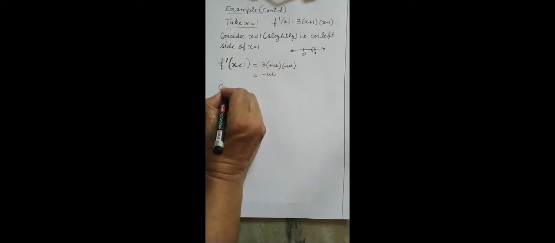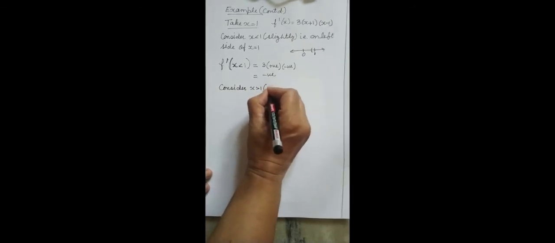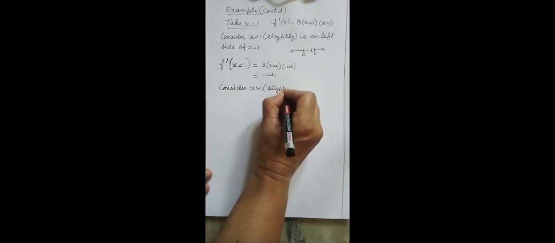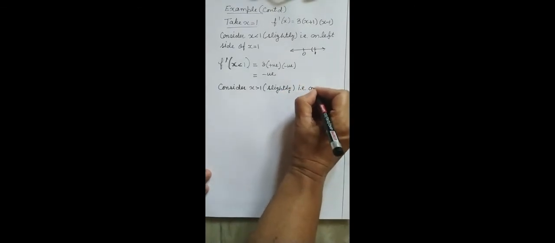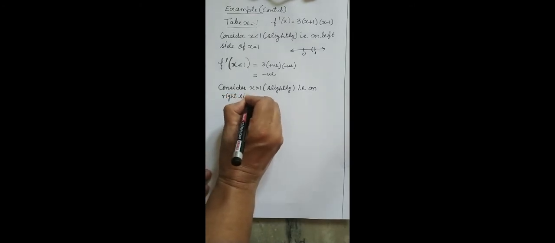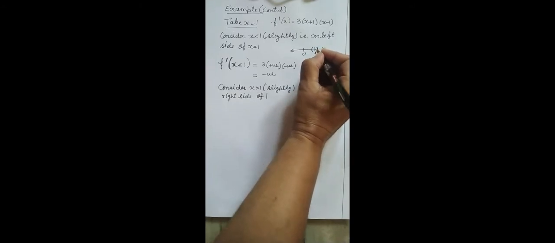Now I will consider x greater than 1 slightly, that is on the right side of 1. So from the number line I will put a number greater than 1 but very close to 1. So now what is f'(x) for x > 1?